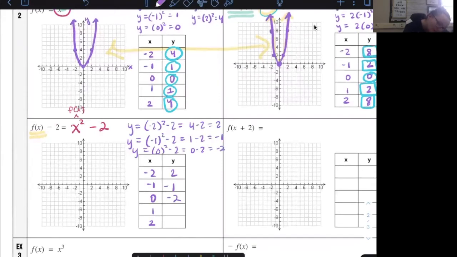And then 1 squared minus 2 is 1 minus 2, which is -1. And then 2 squared minus 2 is 4 minus 2, which is 2.